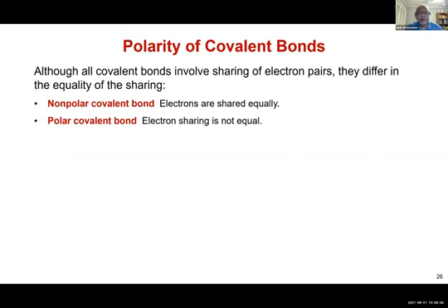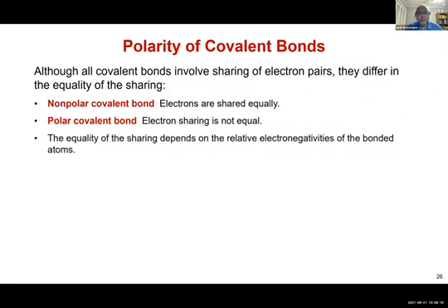The polar covalent bond is unequal sharing. The difference in electronegativities between the two atoms is between 0.5 and 1.9. We're going to look into that. The equality of the sharing depends on the relative electronegativities of the bonded atoms.